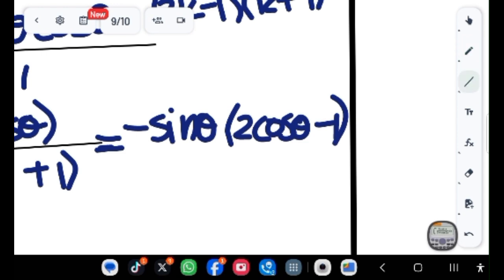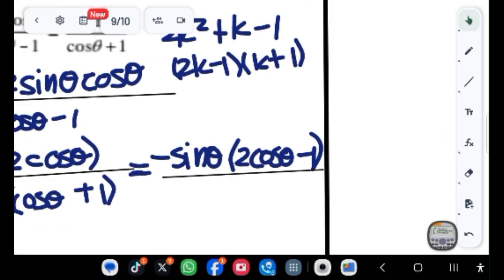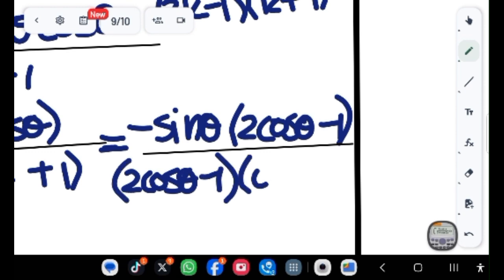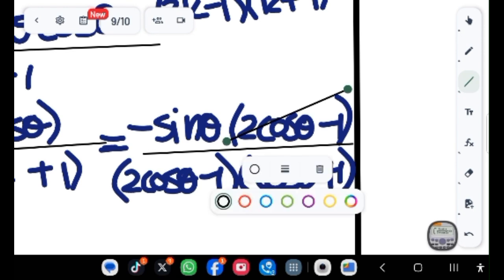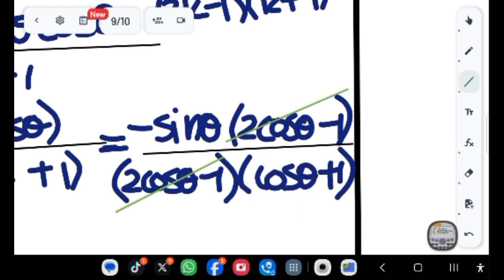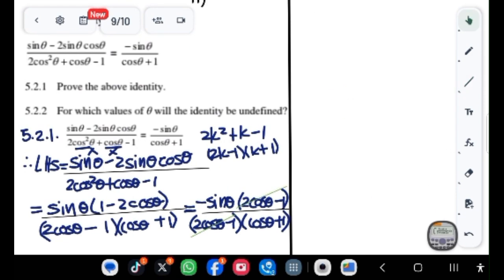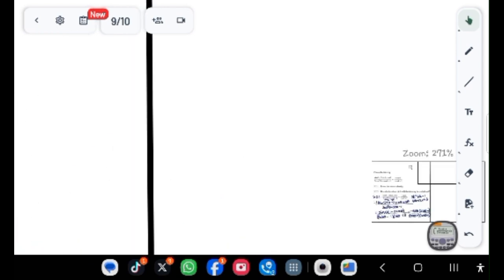That's the effect of the minus in front. So that's 2 cos theta minus 1 over 2 cos theta minus 1 times cos of theta plus 1. These ones cancel out, and that leaves you with negative sine of theta.